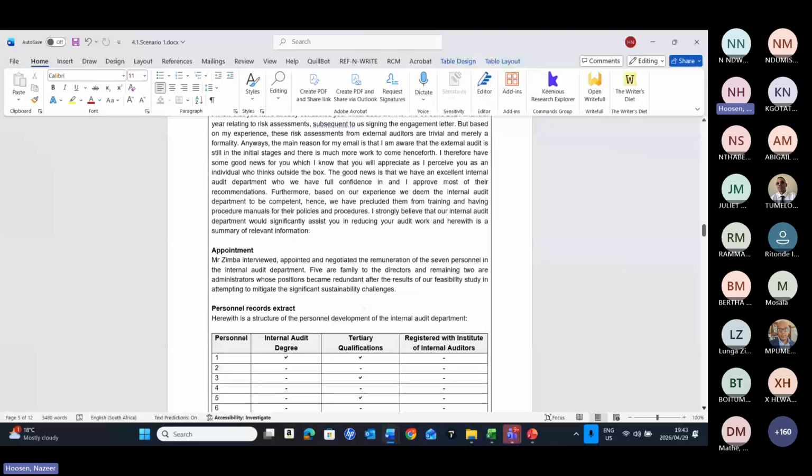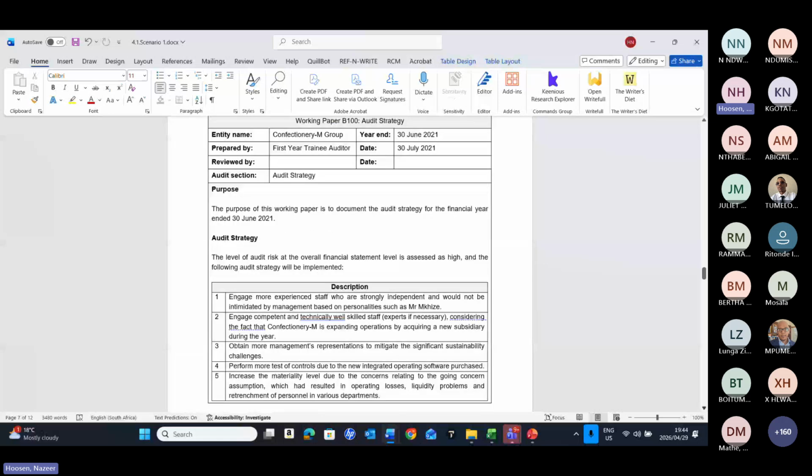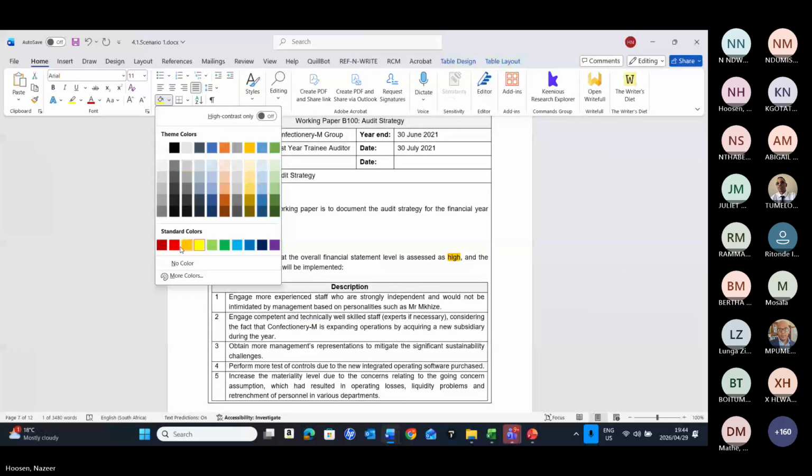The level of audit risk at the overall financial statement level is assessed as high. So if the risk is assessed as high, what would you do to your materiality? I see low. You would lower the materiality.